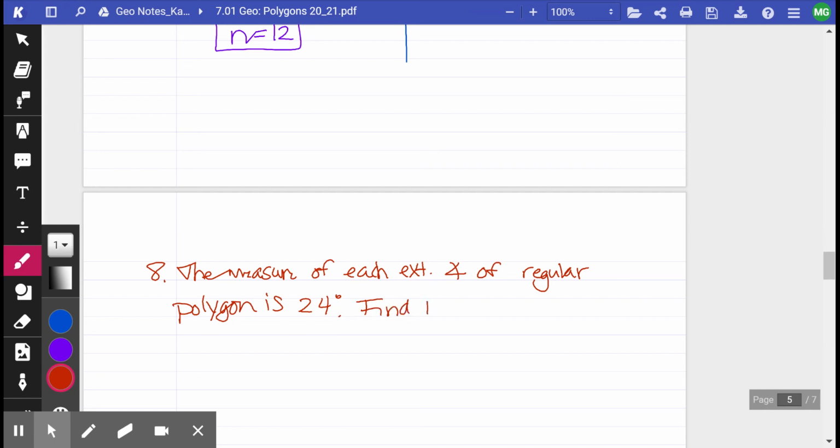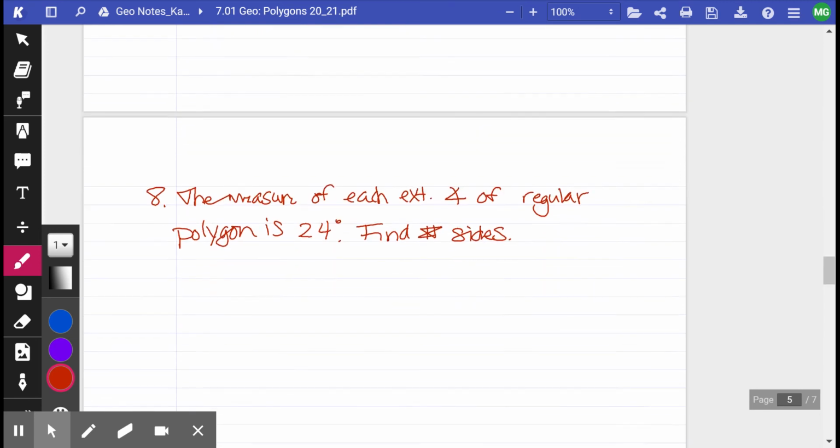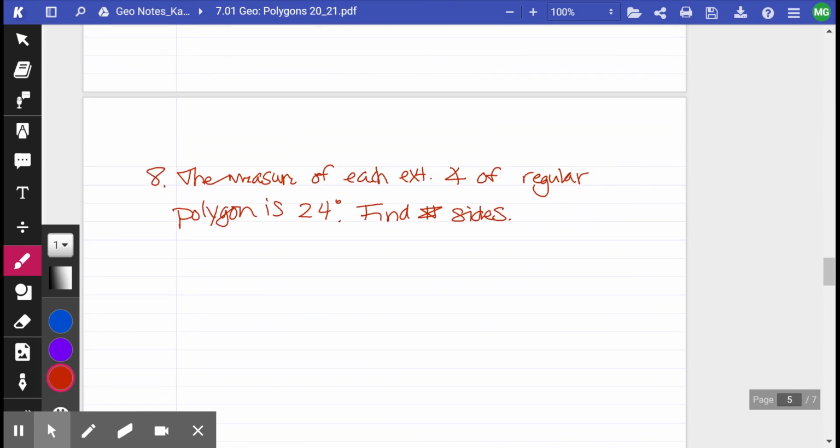Find the number of sides. Okay, so what I'm looking for in your notes is that you're going to show the work and check the answer. So go ahead, pause this, show the work out, find the number of sides. So you should have gotten n equals 15 for this one. So there's 15 sides. On your notes, I'm looking for that you guys have all the work shown to get that.